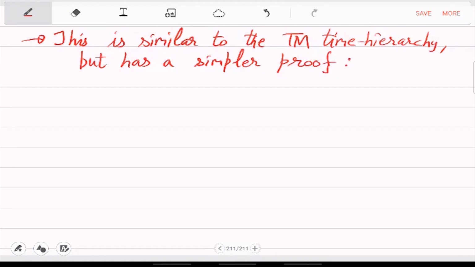So what is the proof? Let's do that. The idea is to use the upper bounds and lower bounds that we just showed.